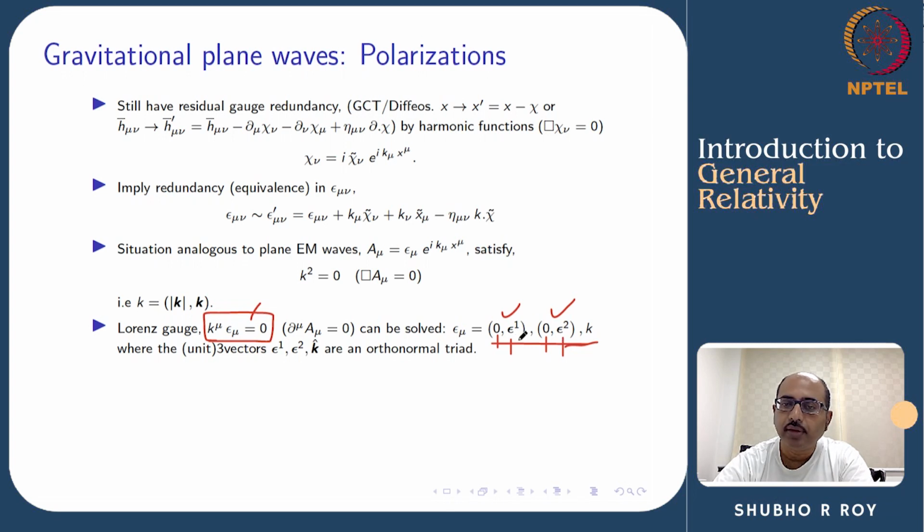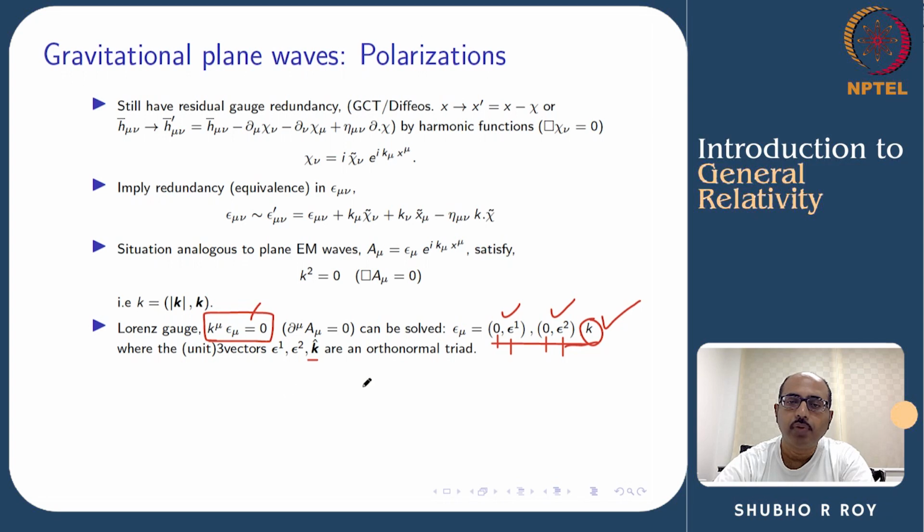These are solutions to the Lorentz gauge if epsilon 1 and epsilon 2, the 3-vectors, are orthogonal to the direction of propagation. And the third polarization is that epsilon can be k itself, because if I put k instead of epsilon in this equation, it gives me k squared, which is automatically 0. So k also satisfies the Lorentz gauge condition, and we get three independent solutions.